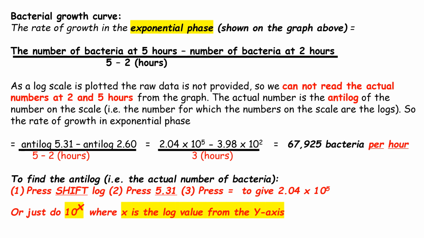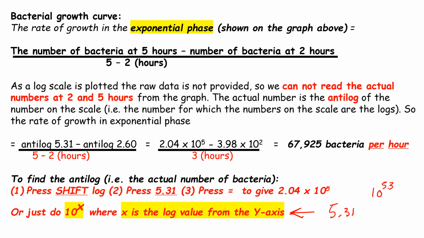If you convert 5.3 as the log number back into the big number, all you've got to do, if you have a look at the yellow at the bottom, is 10 to the power that number. So if we had 5.3 as our log number off the y-axis, you just go 10 to the power 5.3, and that will give you the actual number of bacteria.